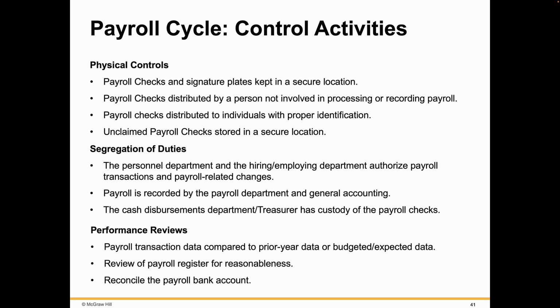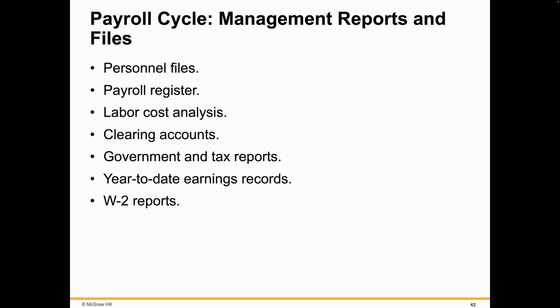With performance reviews, we're looking at payroll transaction data, and we're looking at it comparing prior year or to budgeted and expected. We're also reviewing the payroll register for reasonableness and making sure that the payroll bank account is reconciled as well.